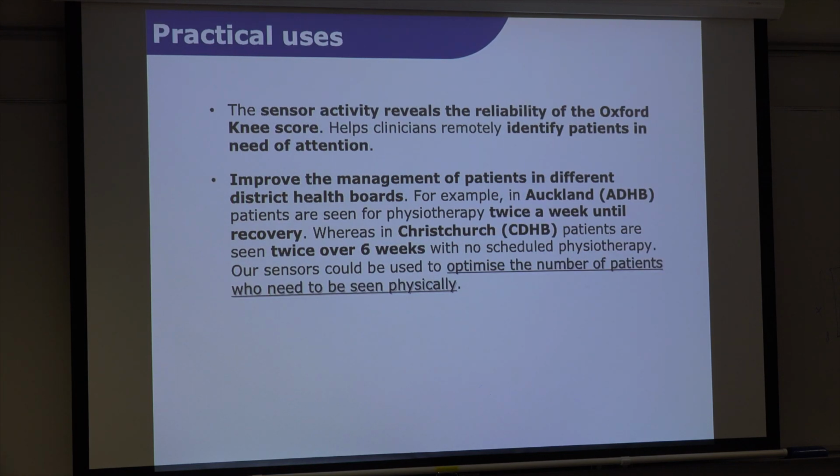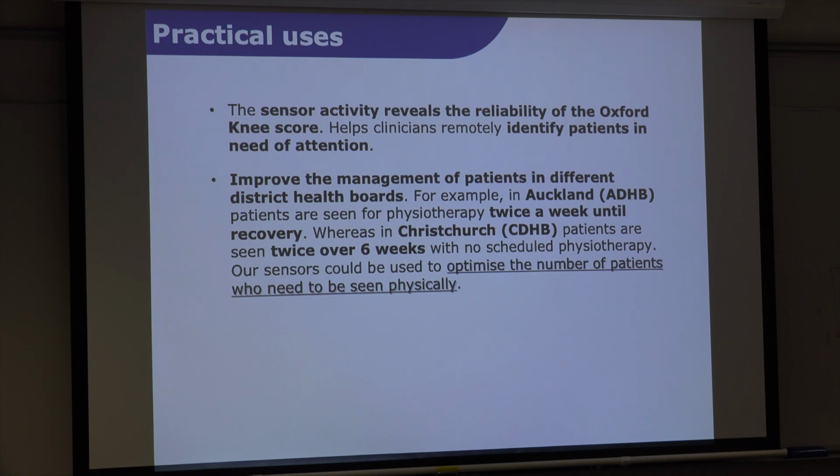So practical uses for this study was that we actually found that the sensor activity reveals the reliability of the Oxford knee score. The Oxford knee score is used quite widely, like a lot of places use it, and it's been shown in other studies as well that it's not always the best metric to use. These sensors can also help clinicians remotely identify patients that are in need of attention, and it can improve the management of patients in different health boards.